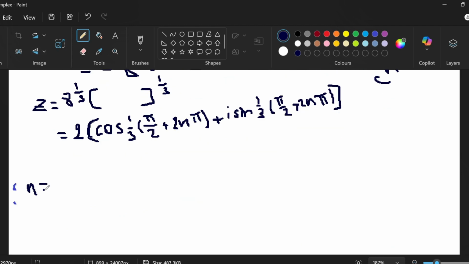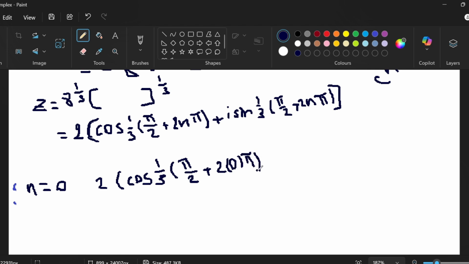So let's first take n equals 0 and solve for z. So we have 2 times cos 1 over 3 times pi over 2 plus 2 times 0 times pi, plus i sine 1 over 3 times pi over 2 plus 2 times 0 times pi.